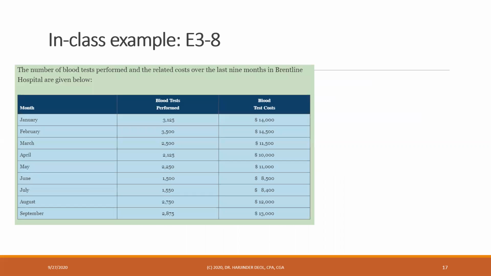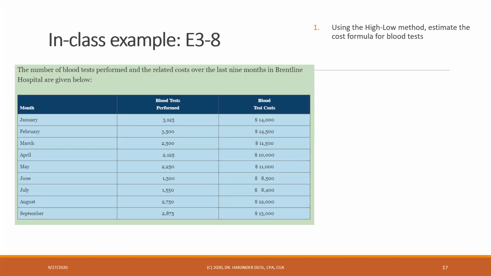So looking at example 3-8, the number of blood tests performed and the related cost over the last 9 months in Brentline Hospital are given. They have provided us information from January to September with regards to number of blood tests performed and the blood test cost.